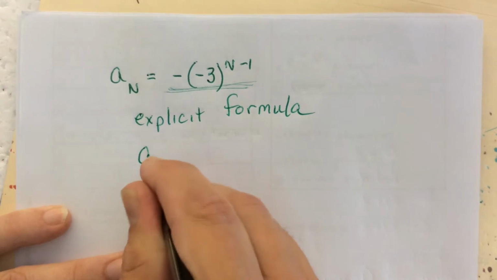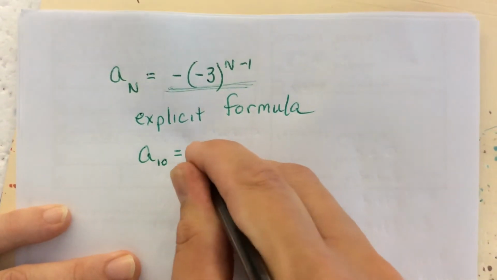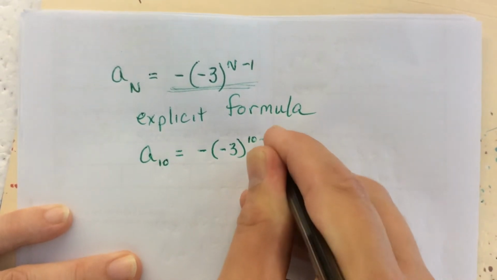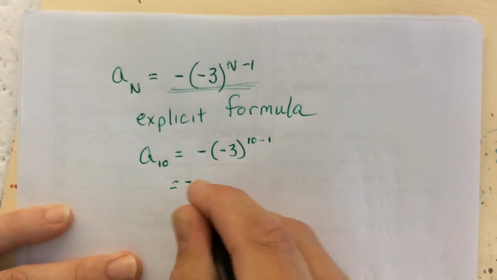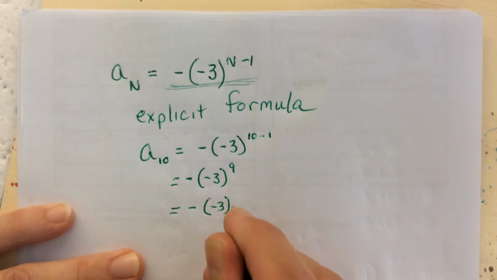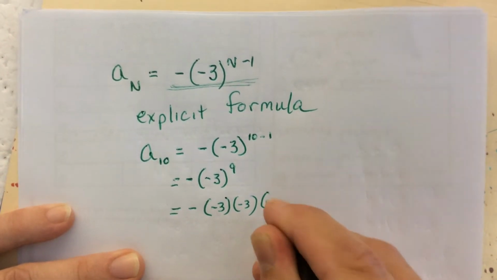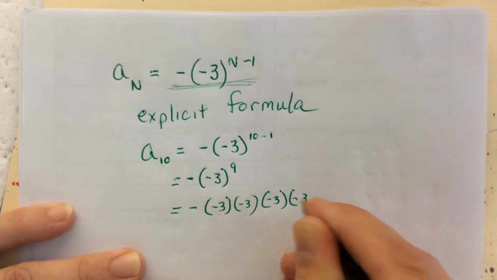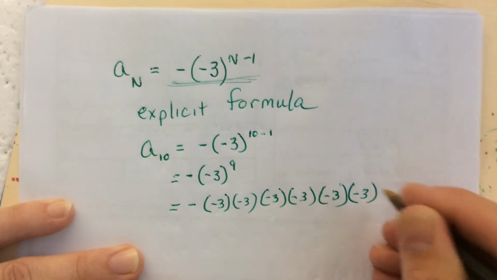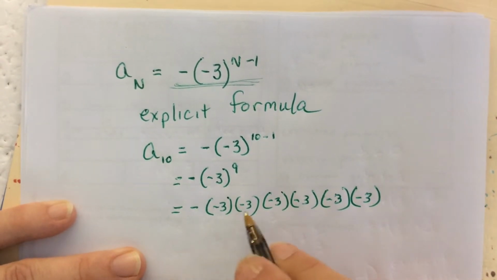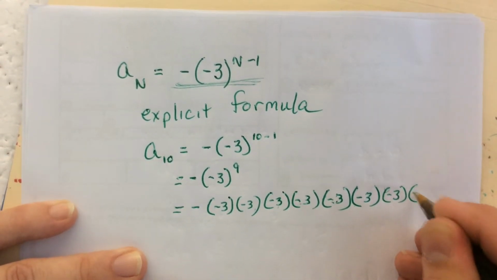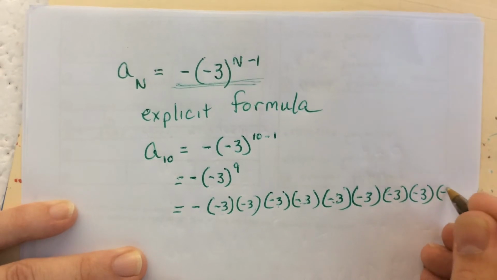So if you're looking for the 10th term, it's going to be -1 times -3 to the 10 minus 1. It's -3 to the 9th. And that would be -3 times -3 times -3. If you're wondering why I'm doing this, it's because I don't want to just sit and multiply everything by 3 over and over again. 1, 2, 3, 4, 5, 6, 7, 8, 9.